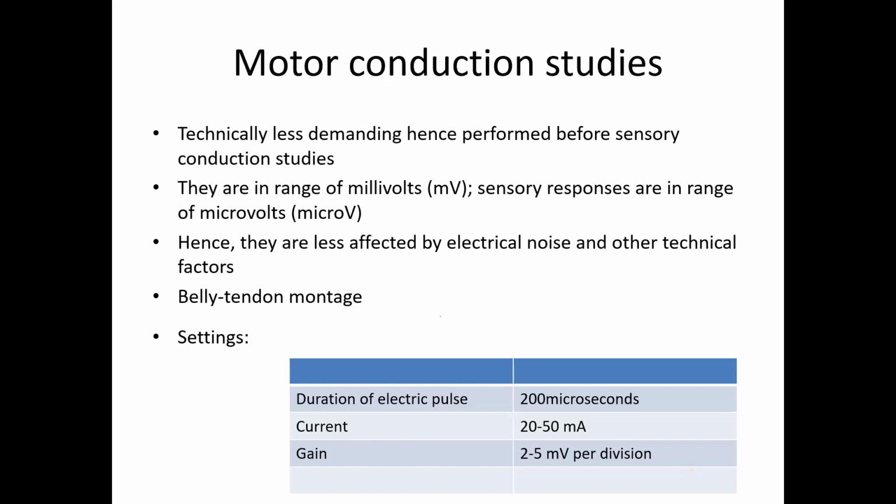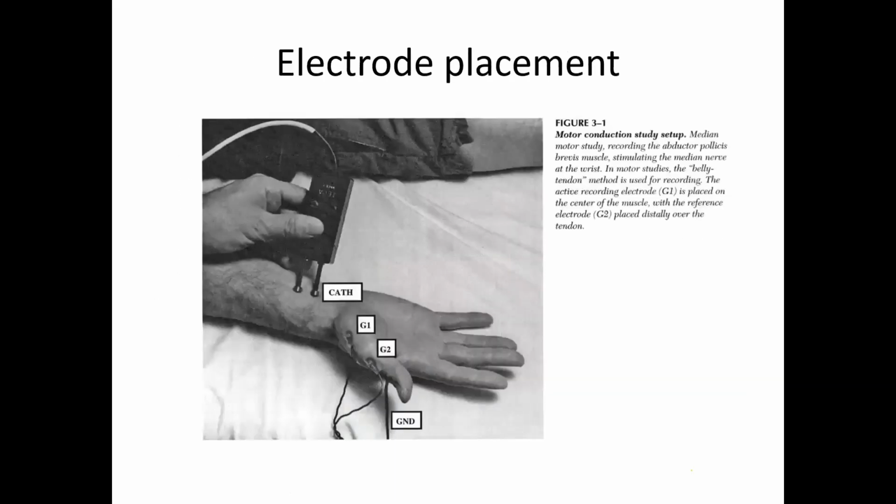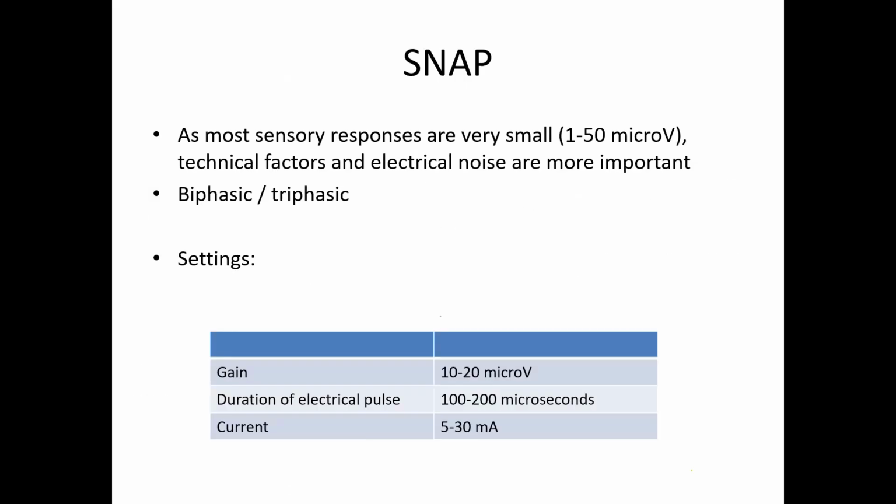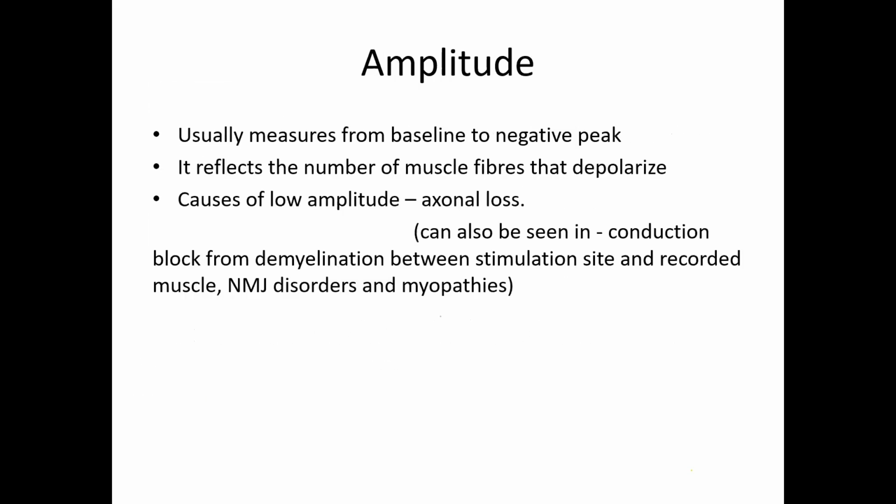Gain we usually keep at 5 millivolt for CMAPs, and for SNAPs it is 10 to 20 microvolts. The SNAP response is recorded in microvolts and the CMAP response in millivolts.